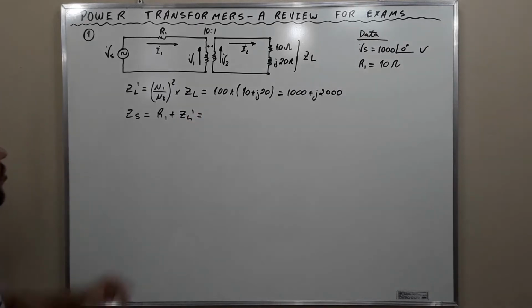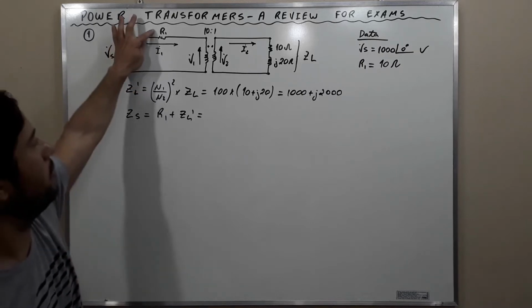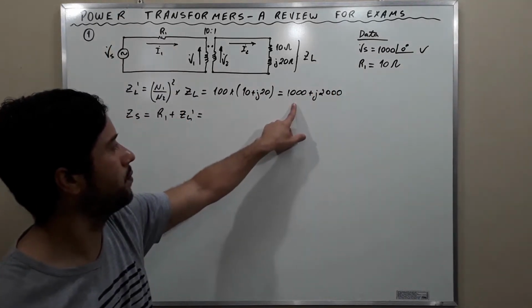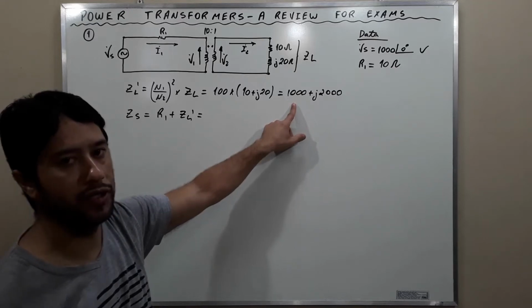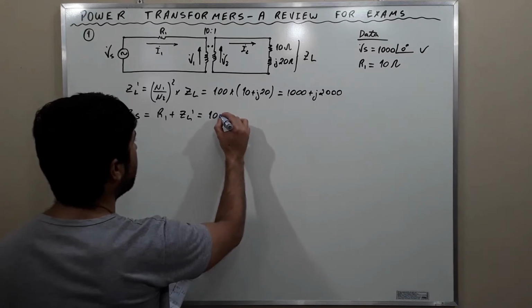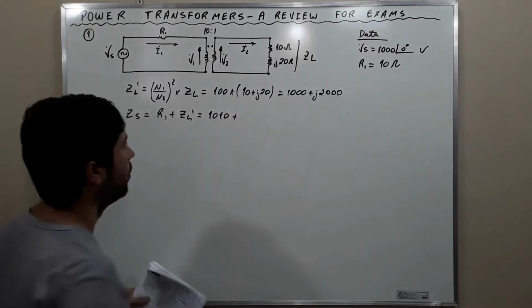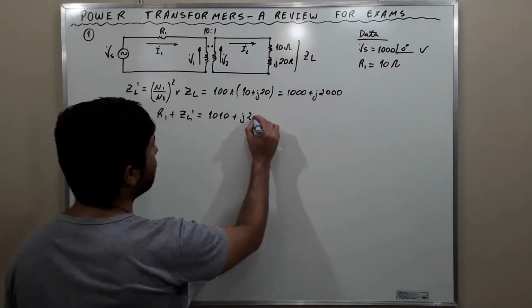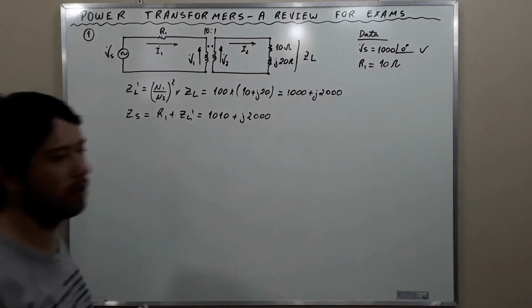It is going to be 10 plus 1000 plus j2000, and then it is 1010 plus j2000.